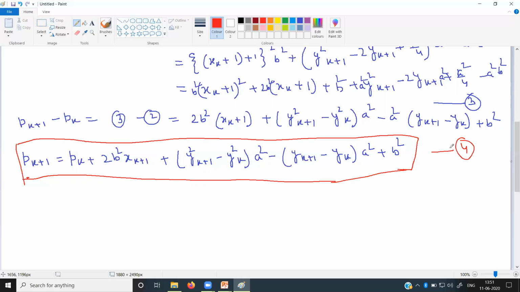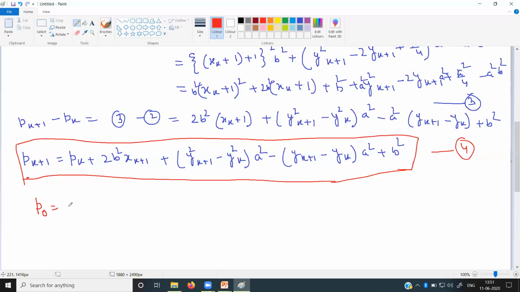Make it clear, this decision parameter only will be used to find out the points for region 1. And how can we find that out? We can find it out if we know the value of pk. So okay, before that we do one thing, we find the initial decision parameter.